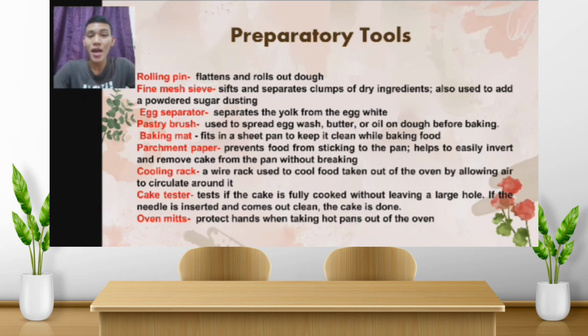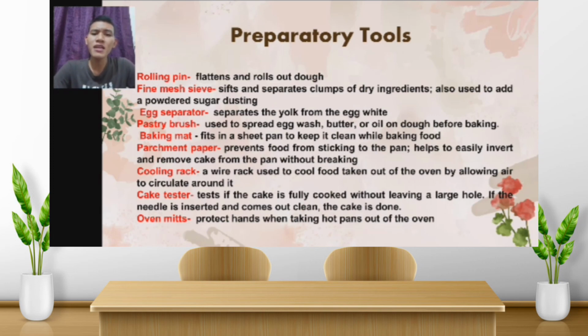So that is the function of a parchment paper. Next we have the cooling rack. From the word cooling, it means to cool, no? A wire rack used to cool food taken out of the oven by allowing air to circulate around it. So that is the function of the cooling rack, to cool the baked products.